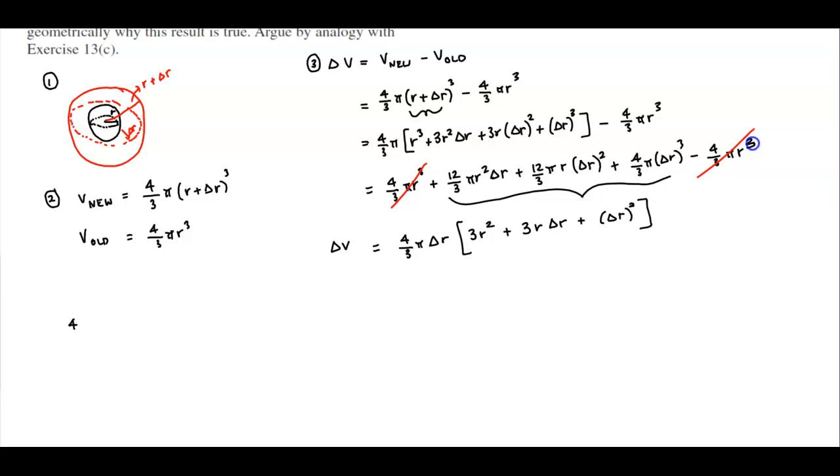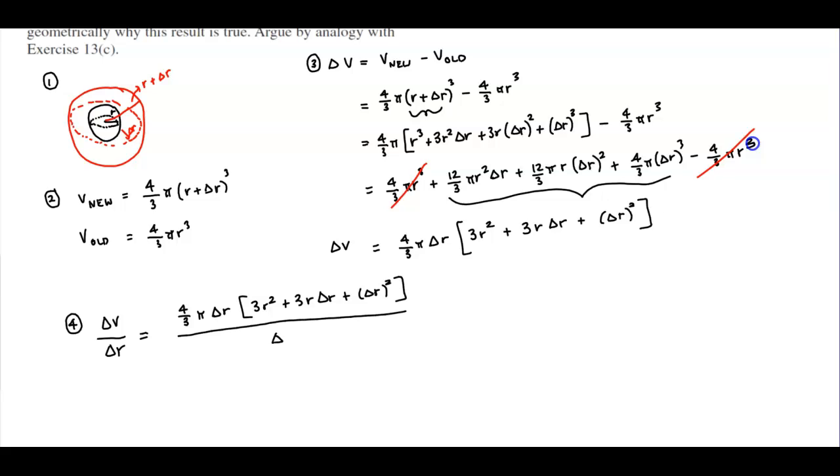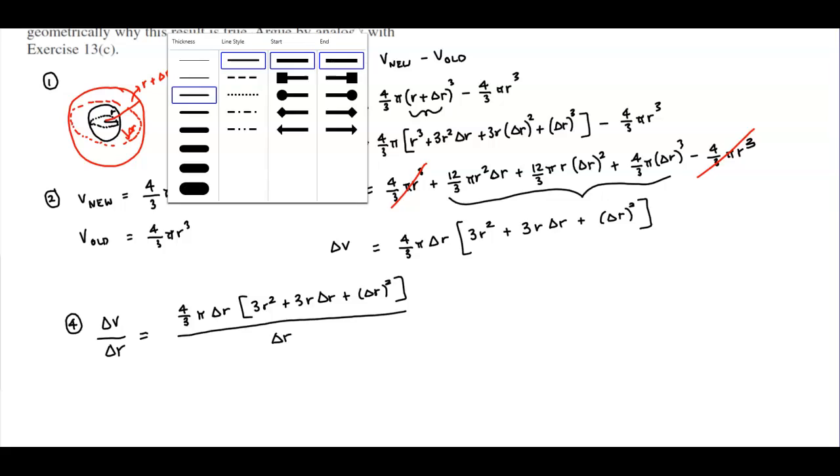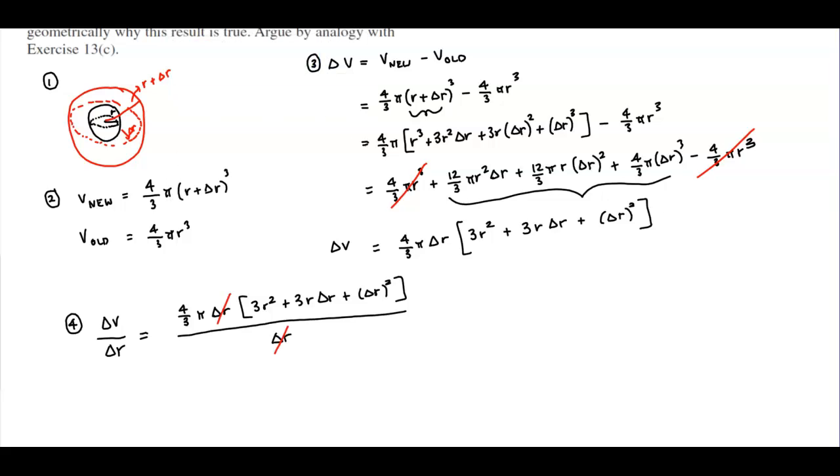Okay, so now we want to find the change in V over the change in R. We know the change in V from what we just found is 4/3 pi times the change in R times (3R squared plus 3R times the change in R plus the change in R squared), and we're dividing that by the change in R. That allows us to eliminate those.